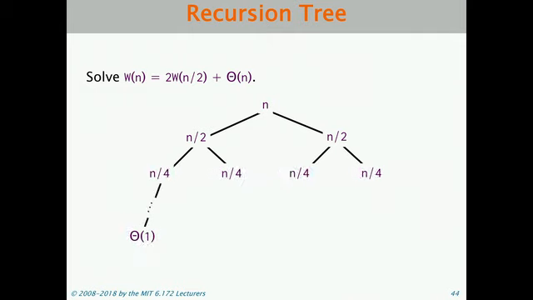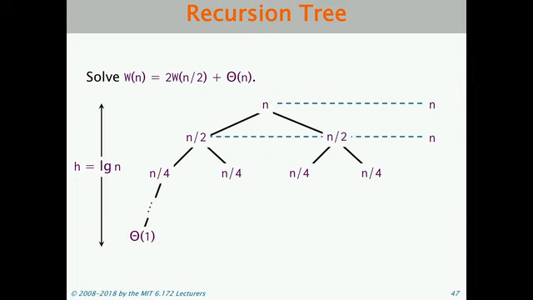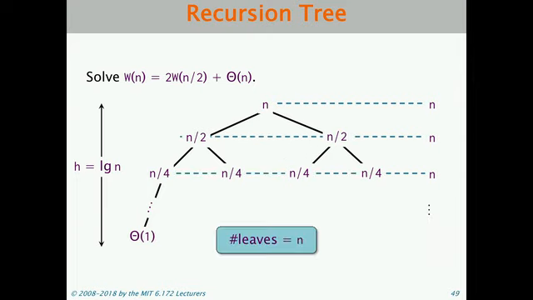I'm going to get all the way down to my base case after log base 2 of n levels. The top level is doing n work, the second level is also doing n work, and it's going to be the same for all levels down to the leaves. The leaves also do a linear amount of work. So the overall work is just the work per level times the number of levels, which is theta of n log n. Any questions?